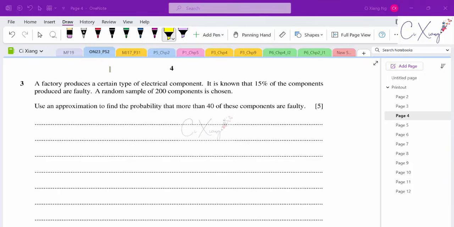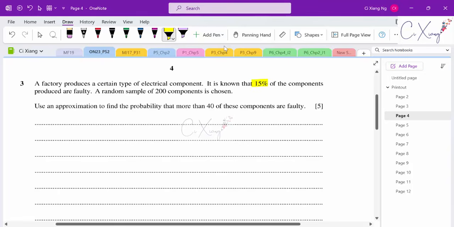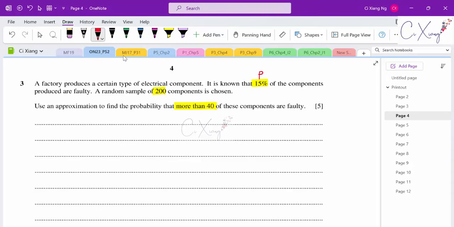Okay, so we are at question number 3. A factory produces a certain type of electrical component, and we know that 15% of the components produced are defective. So this is P, 15%. Then 200 components are chosen. More than 40 of these components, something happened. So you have a certain fixed number of components, then more than 40 of these components, something happened.